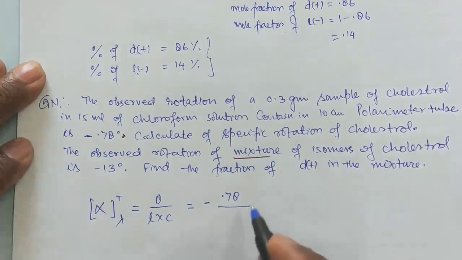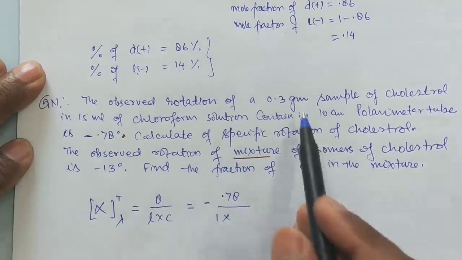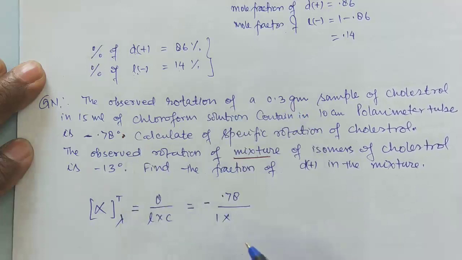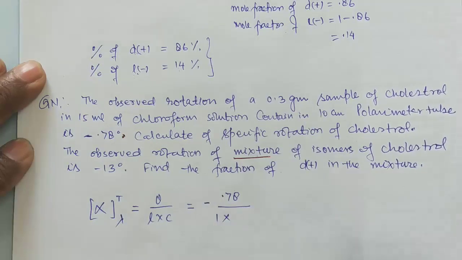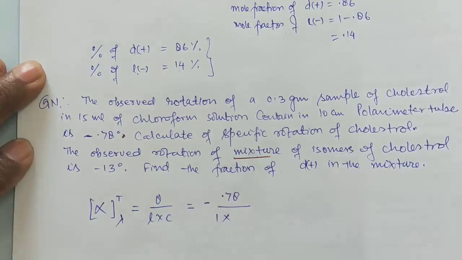So in decimeter, it is 1 decimeter, into 0.3 gram in 15 ml. So you can take it directly as grams per ml, or kilograms per decimeter cube, the same thing, no problem.